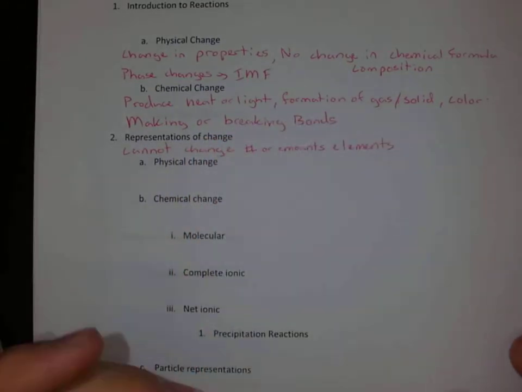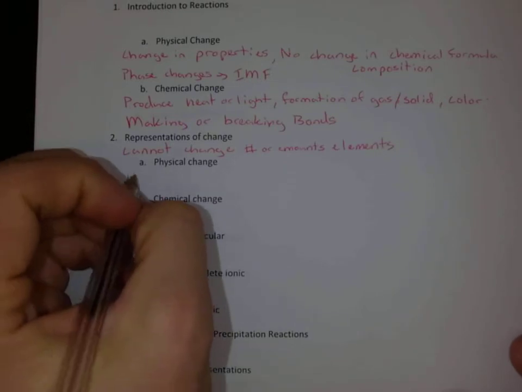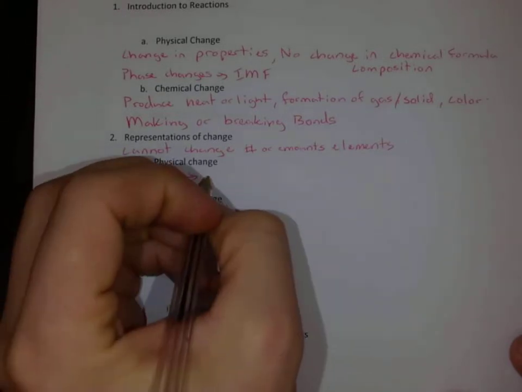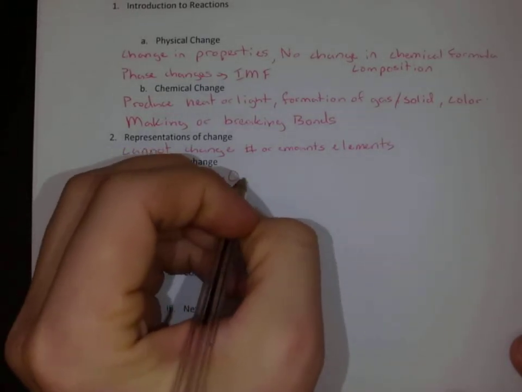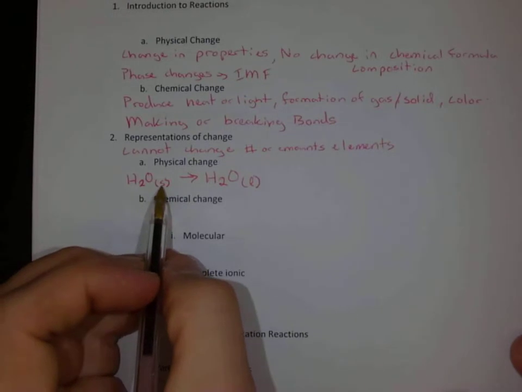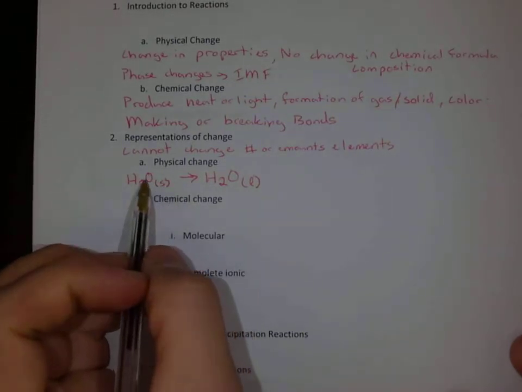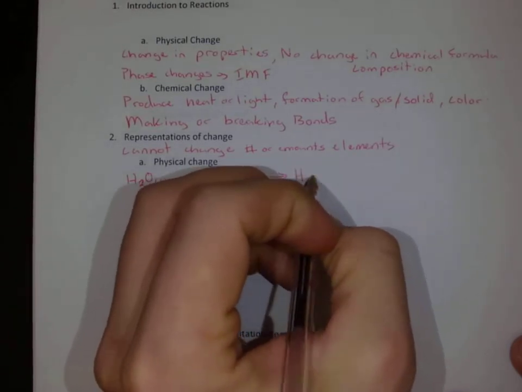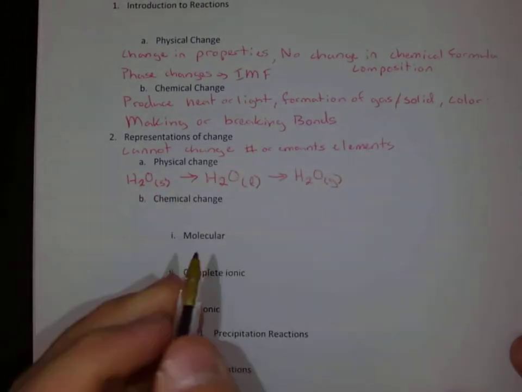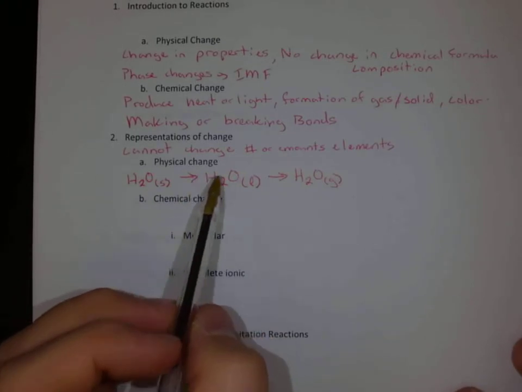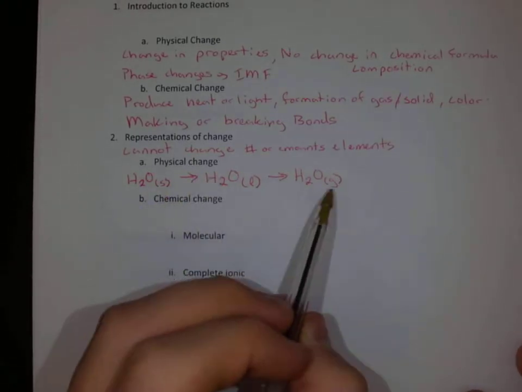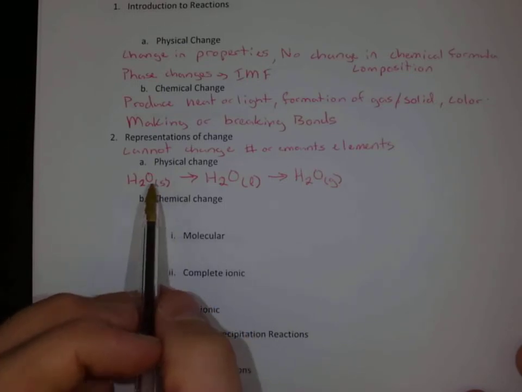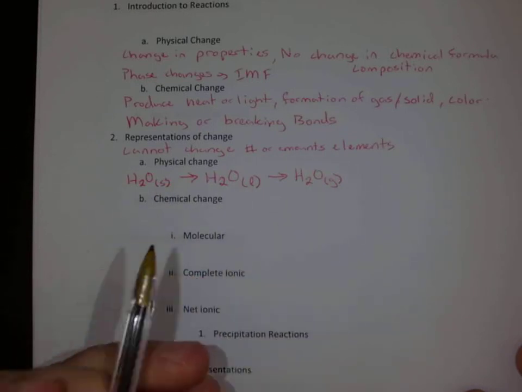So with our physical changes, right, we could write something like H2O as a solid changing to H2O as a liquid, right? The S here represents the solid, the L represents a liquid, and we could change it further into H2O gas, right? We are representing the physical change that is occurring, and we can represent it in our standard notation. But for us to represent those physical changes, right, we have to write the states, so solid, liquid, or gas, okay?